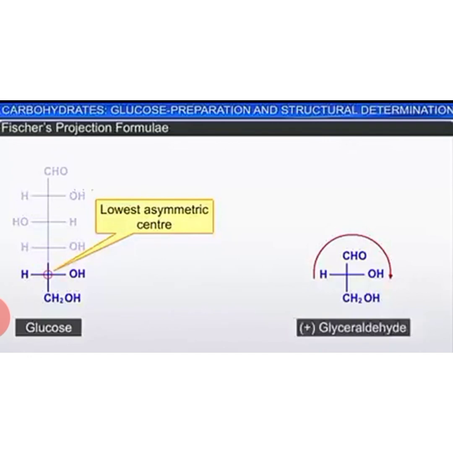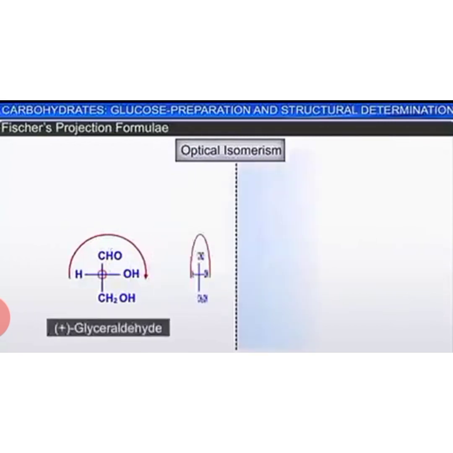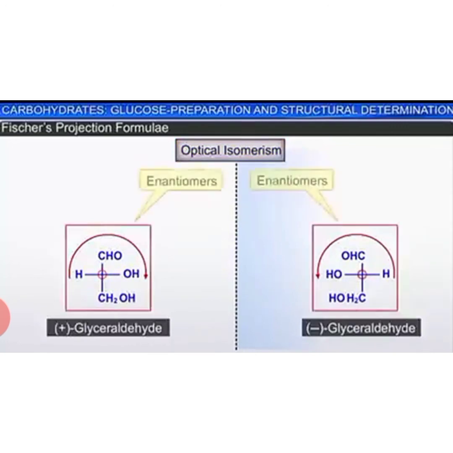Glyceraldehyde is chosen as a standard of reference as it is the simplest carbohydrate that has a single asymmetric carbon that shows optical isomerism. Shown here are the two enantiomers of glyceraldehyde.